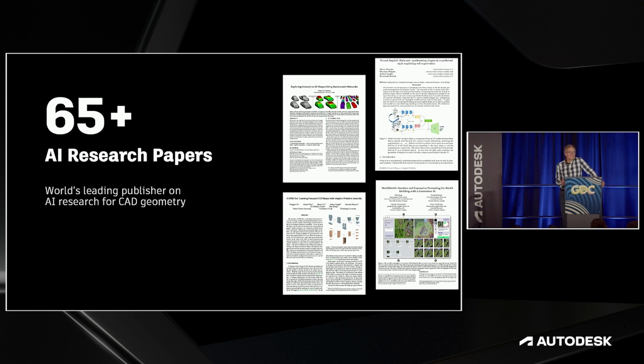We've had over 65 papers specifically around geometry, measuring the world and understanding the world that drive the research in this space. So if you're calling us obsessed with geometry, we'll say, thank you very much.